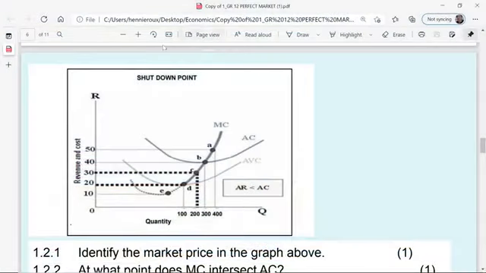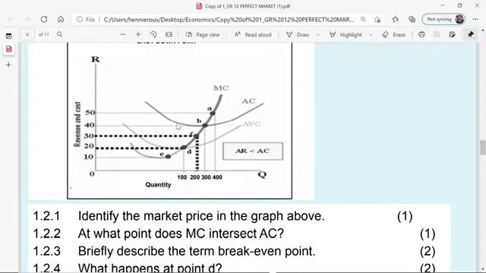So let's look at the questions that have been asked. 1.2.1 asks, identify the market price in the graph above, right? So in other words, the market price, meaning the price that is being charged. What is the market price in the graph above? If you look here, this refers to your revenue and costs.